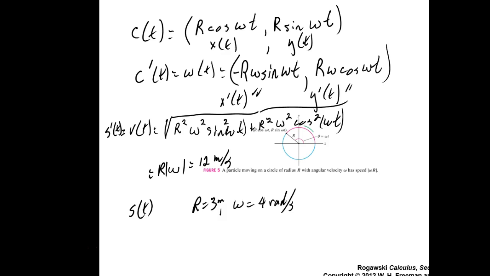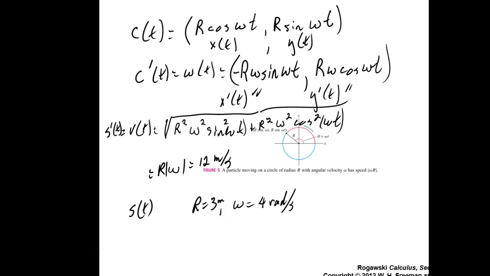That's when you move 1 radius. So you could call the radius 3 meters per radian, and when you multiply that, the radians cancel out. But this is a math book, and they really don't worry about units that much.